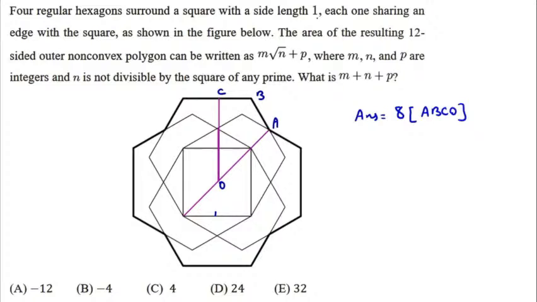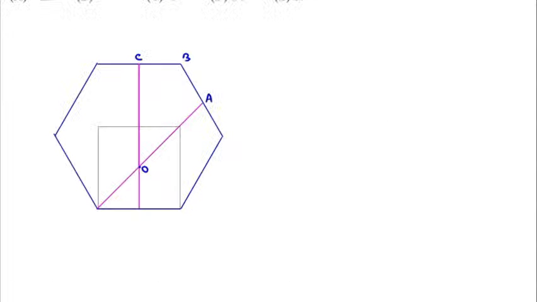It says a square with side length 1. So, now here I want to calculate. I say that this one is 1/2. This one is root 2 over 2. Now, in this figure it's a little better to work on the area of AOCB. This area will be 1/2.